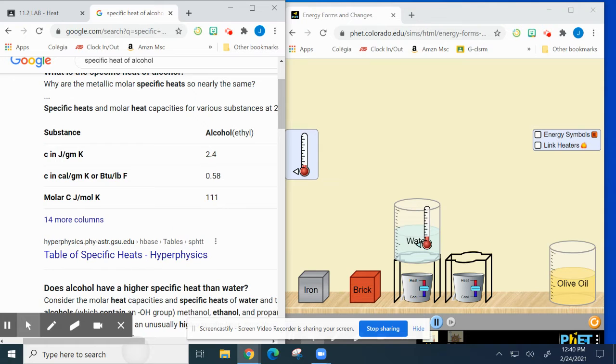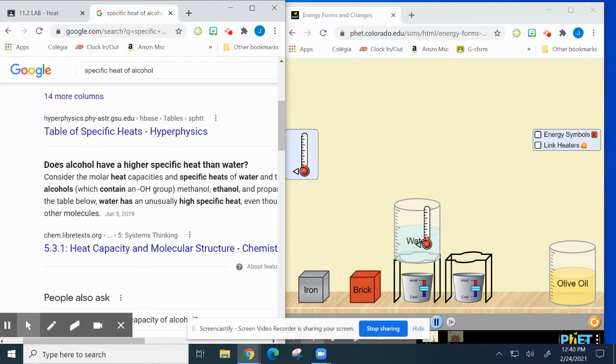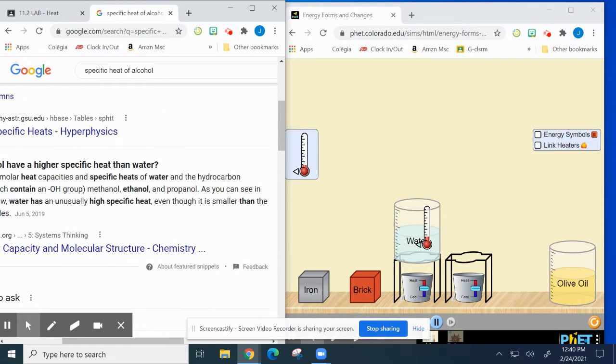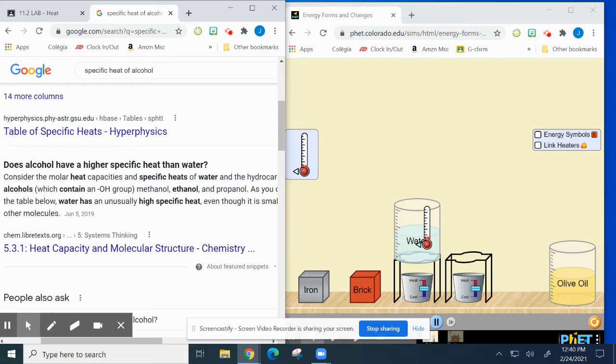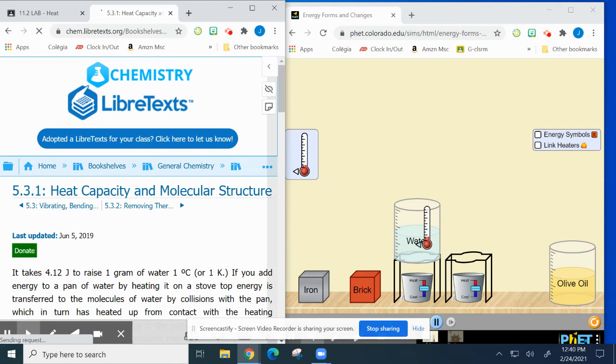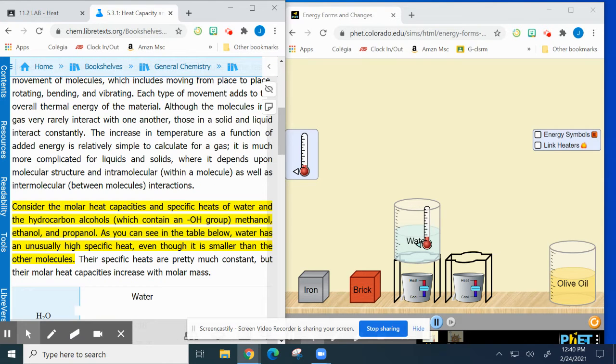Does alcohol have a higher specific heat than water? That's what we're looking at. There we go. Let's just click on that link, although it looks like it might be a college level link. We'll see.